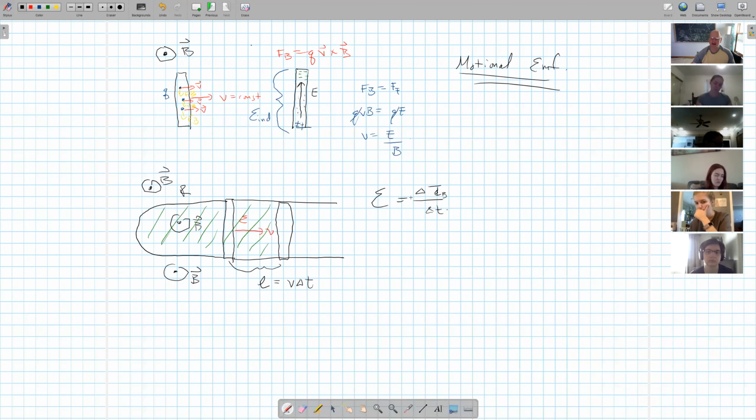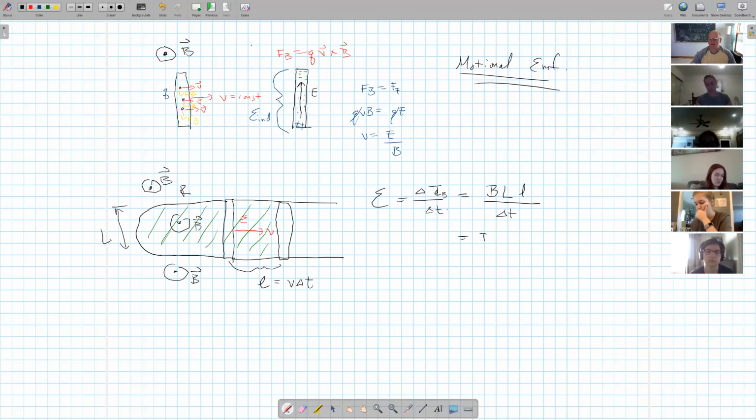Here I'm going to forget about that negative sign because I only want to know the magnitude of it. So this is going to be equal to the flux, which is going to be B times the area. The effective area here is going to be the length of the rod. Let's say the length of the rod here is L, times the distance it travels, little l, all divided by the change in time.